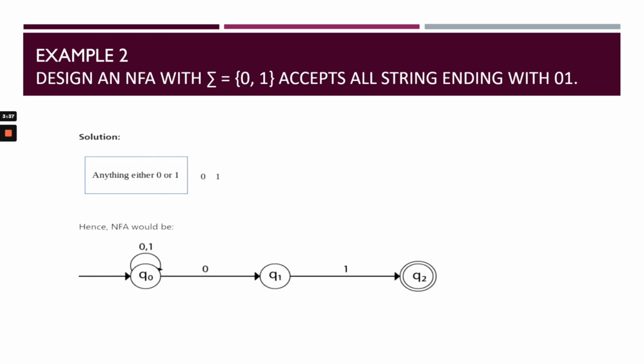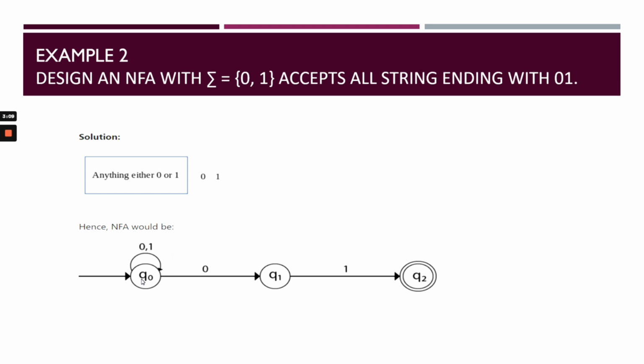Now, this is the second example for NFA. Here the question is: design an NFA with sigma, the inputs 0 and 1, which accepts all strings ending with 01. So 01 should be the final ending of the string. We should design the NFA in such a way that it will accept all of them.